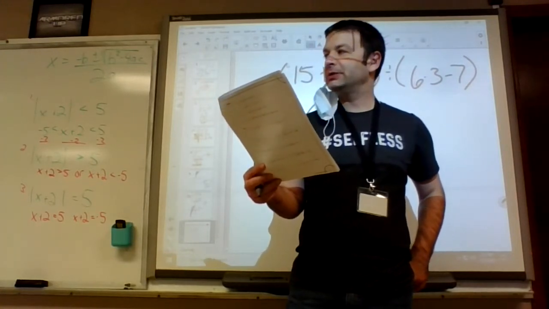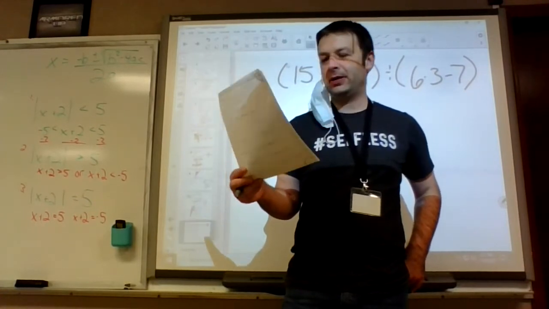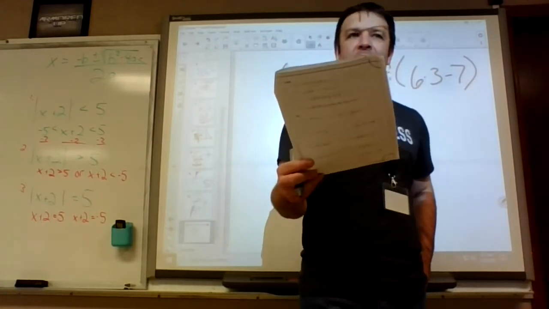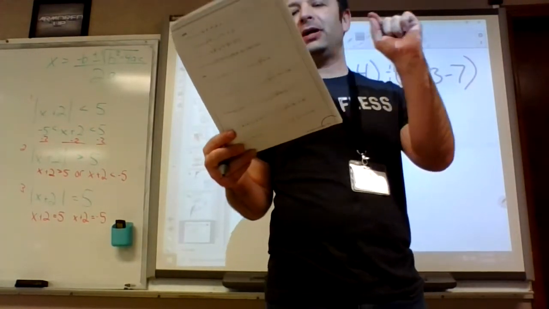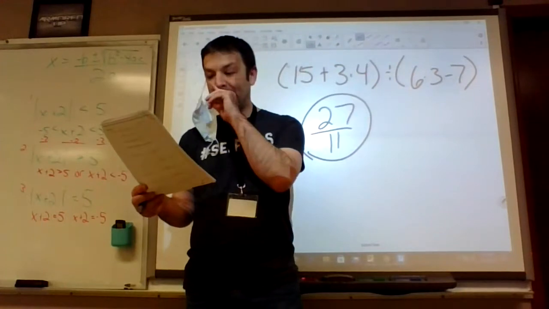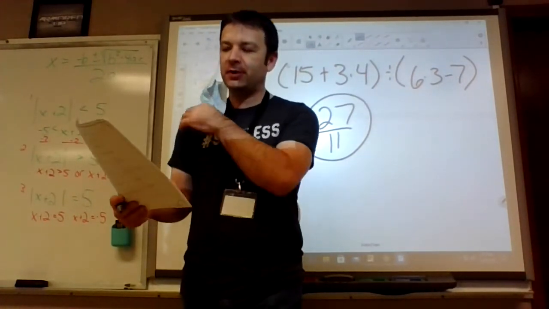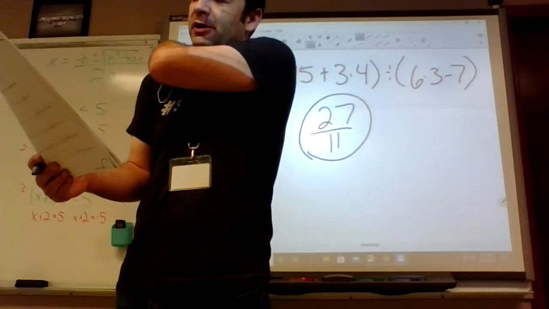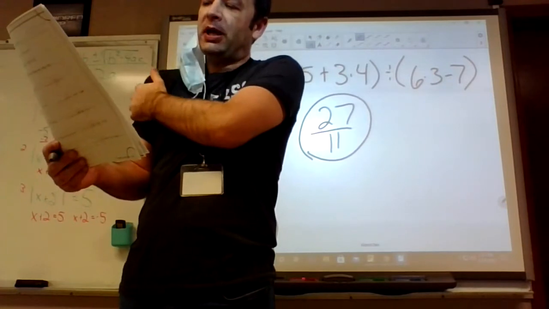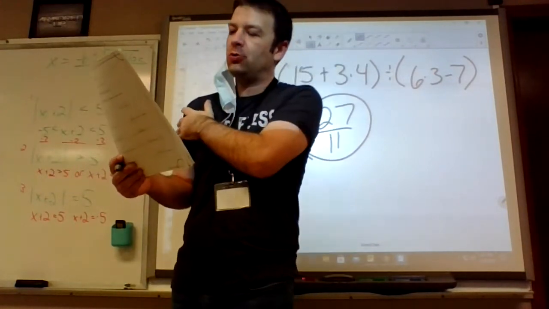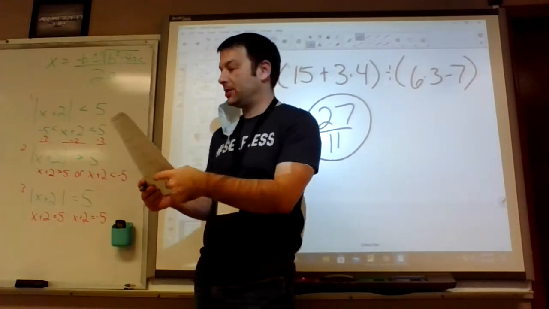Number 9, I had a lot of questions on this one. Simplify means before you plug in the numbers, make the problem simpler. How can we make number 9 simpler? Instead of 5 plus 8, you could just do 4 plus 13. 4 plus 5 can go together.